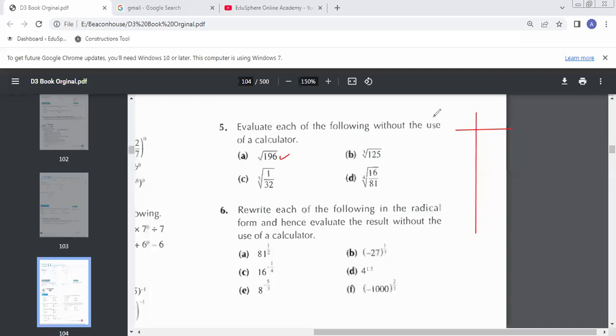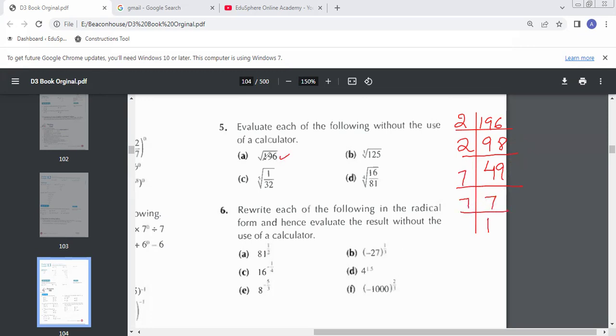Of course, when we divide it by 2, we get 98. 2 times 98 is 196. 2 times 49 is 98. Then 7 sevens are 49, and 7 ones are 7.